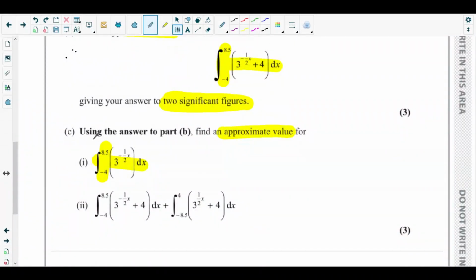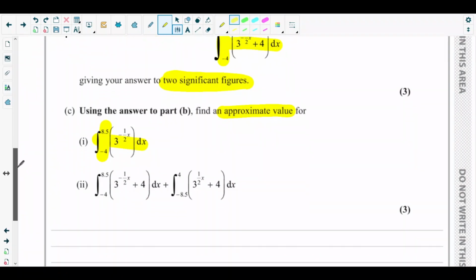Okay, next is part C2. In part C2, they're asking to find the approximate value for the integration of 3 to the power of negative half of x plus 4 from -4 to 8.5 with respect to dx, plus the integration from -8.5 to 4 of 3 to the power half of x plus 4 dx. You need a bit of concept from transformations here.